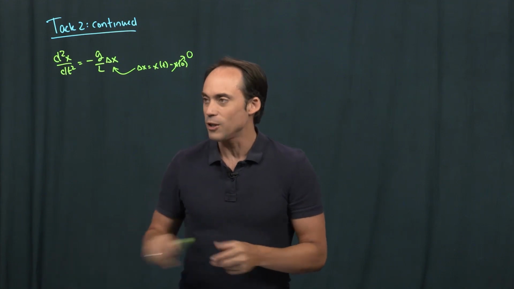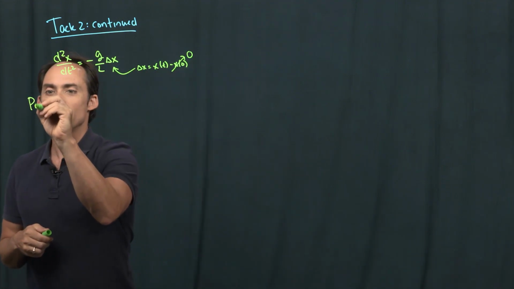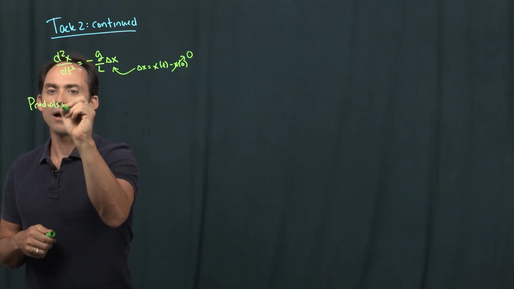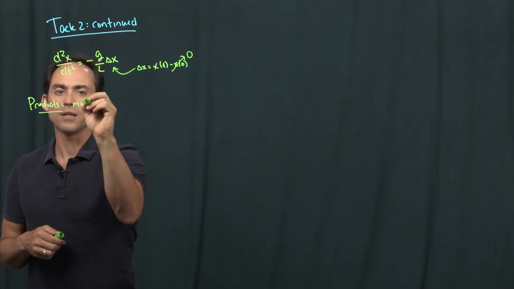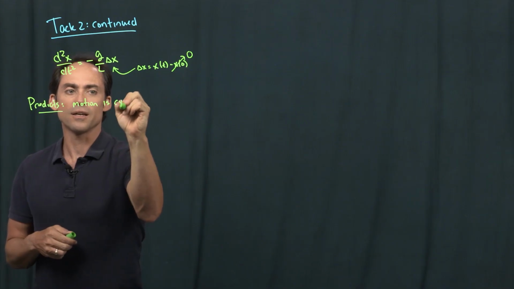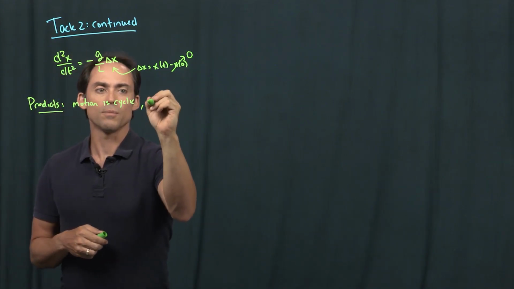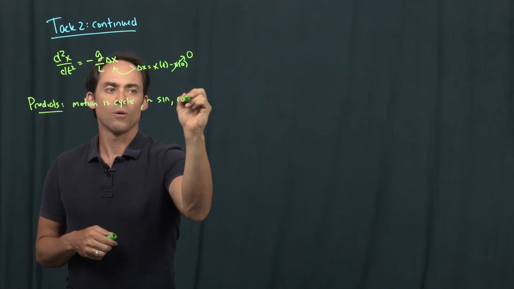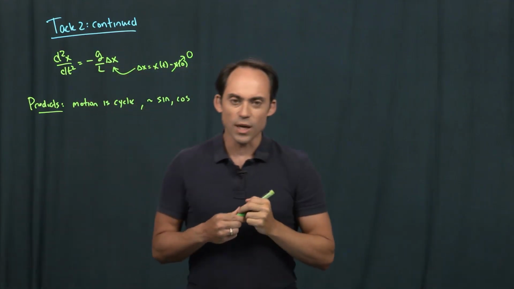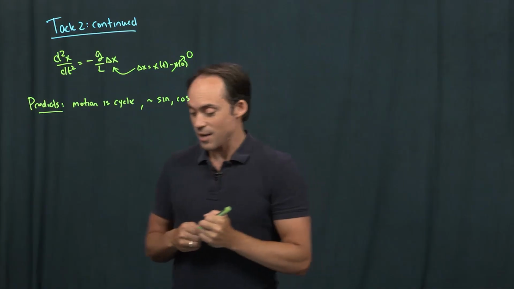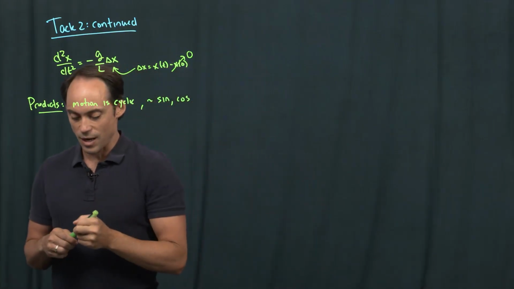Well, we can go back and look at one of our predictions, the prediction that the motion is cyclic in some way, and so is going to depend on sine or cosine. So we can make an educated guess of what the position as a function of time looks like.